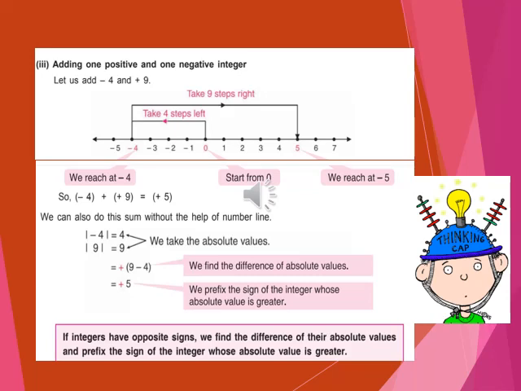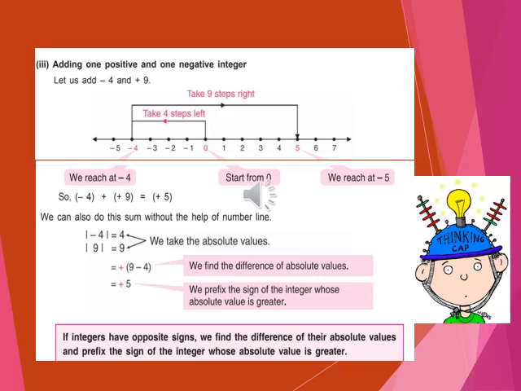So take 9 steps: minus 3, minus 2, minus 1, 0, 1, 2, 3, 4, and the 9th step is at 5. So we reach plus 5, and therefore the answer of minus 4 plus 9 equals plus 5.